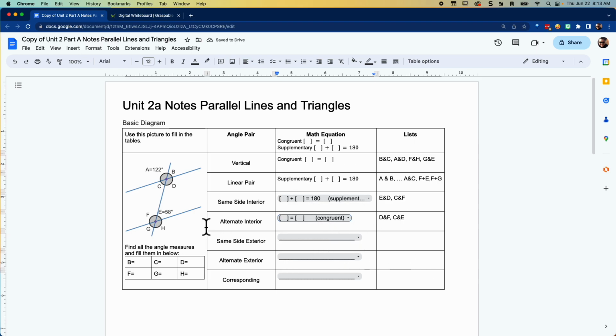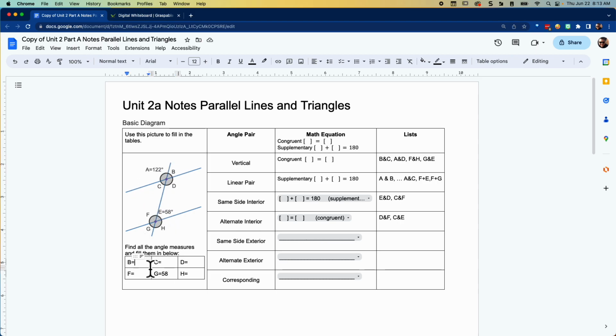Let's take kind of a break here and start talking about how the measures of these angles work out. Notice that I have small angles and big angles. All the small angles are going to be equal to each other. So this E equals 58 degrees. The ones that match that are G, so that's a 58. And let's see what else is small.